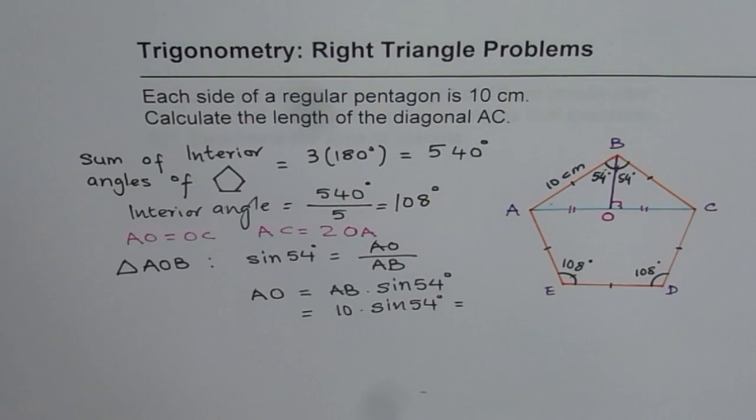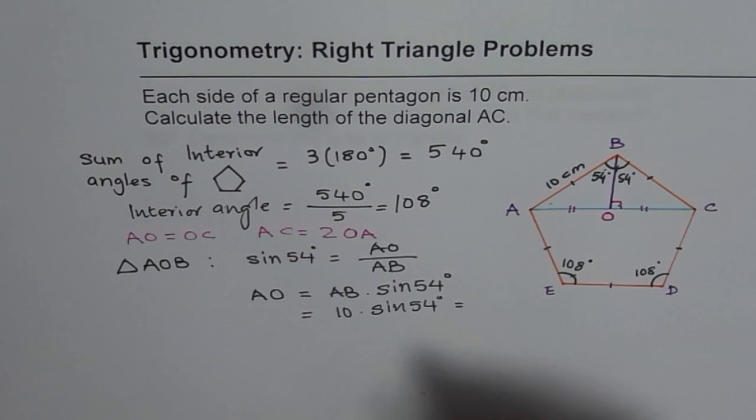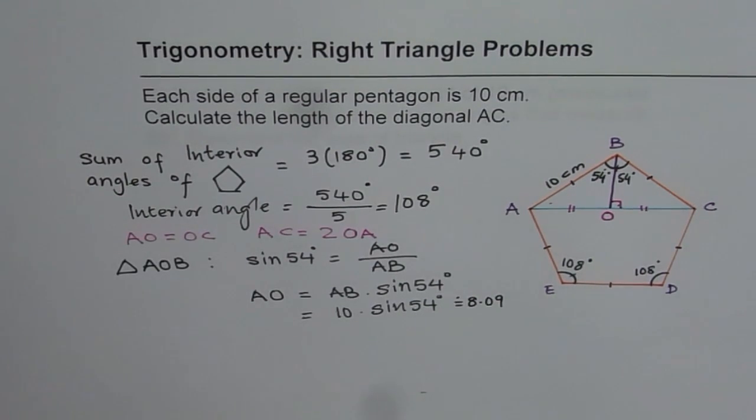So we can calculate this using the calculator. It is 10 times sine of 54, which is 8.0902. Let me write this as 8.09 approximately.